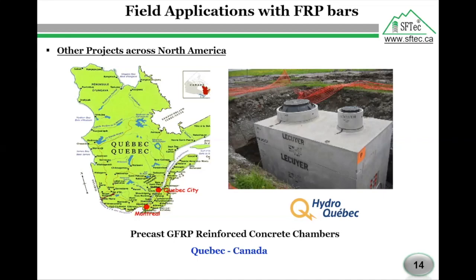The test results reveal that the capacity of the GFRP chamber is almost the same as the one with steel bars. We can conclude that the design of this chamber is approved by testing, not by design.